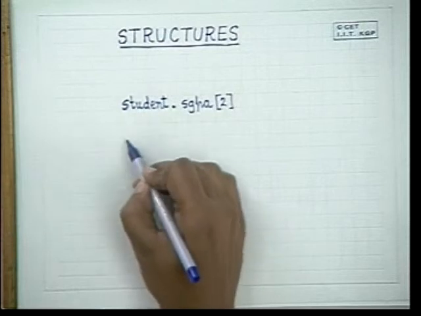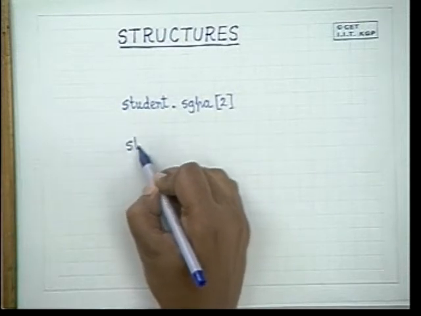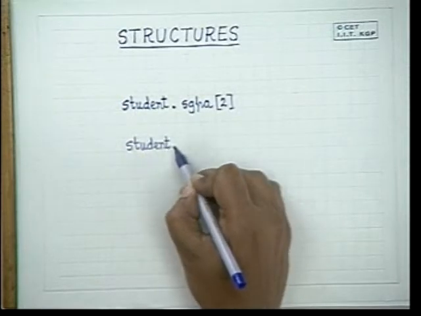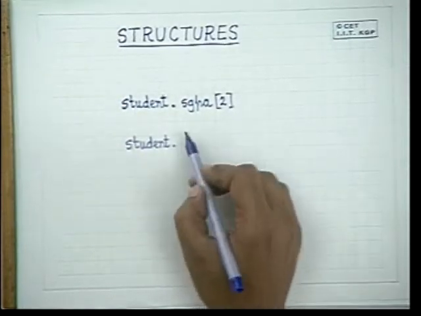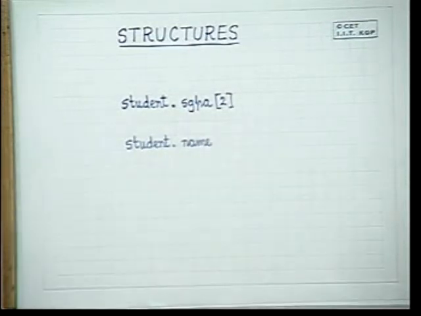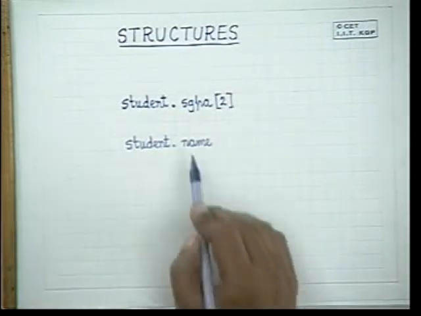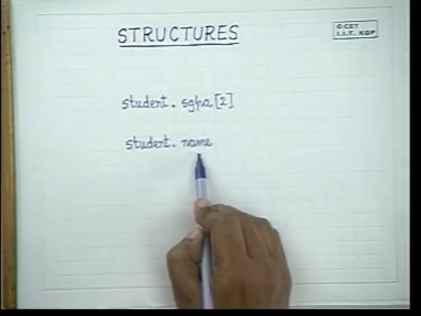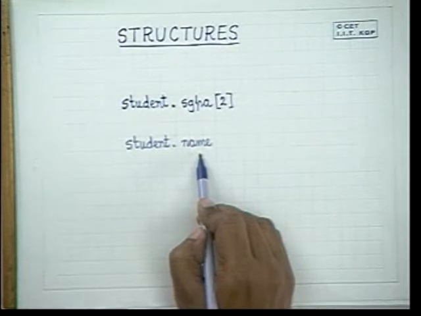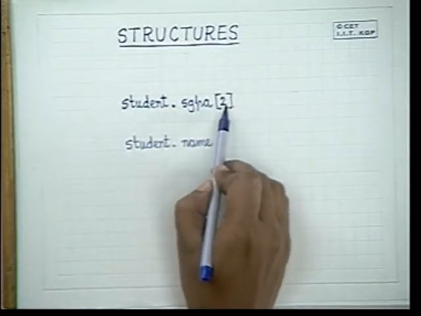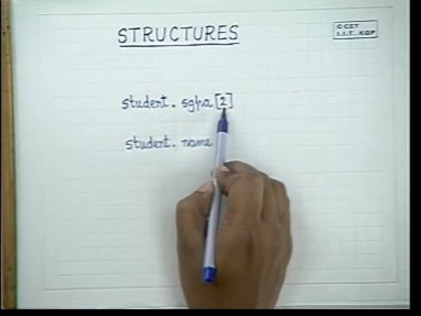If I want to access the name as a string, now this is an array, so student dot name will give me the pointer to the start of the array. This is the name of the array, so this will give me a pointer to the start of the array. Student dot SGPA 2 will finally lead to the element.